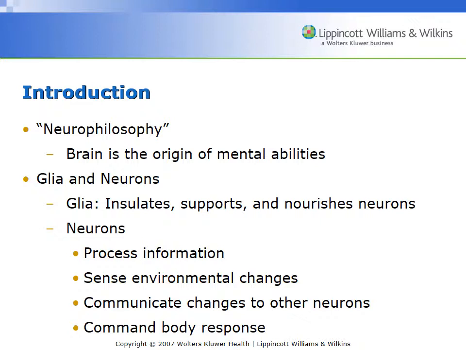Generally speaking, it is the neurons that make our brain a unique organ. Neurons are responsible for sensing environmental stimuli, communicating information from one cell to another, and triggering physiological responses to the environmental changes.